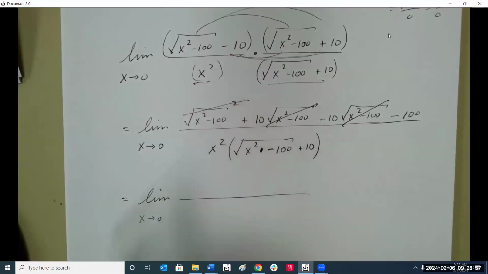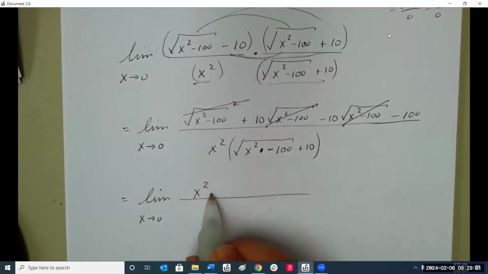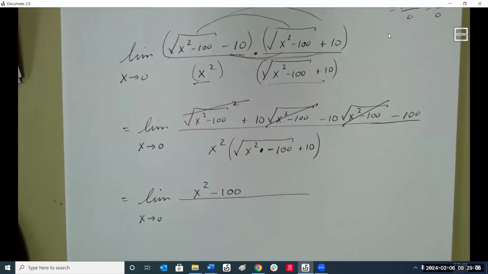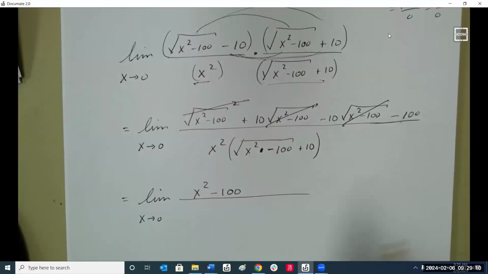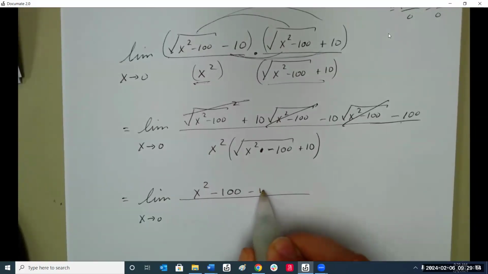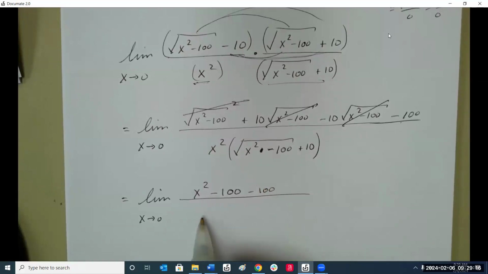They cancel. Square roots and squares cancel. So we just have x squared minus 100 minus 100 over x squared times the square root of x squared minus 100 plus 10.